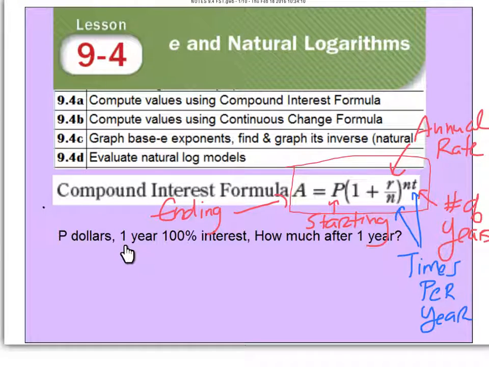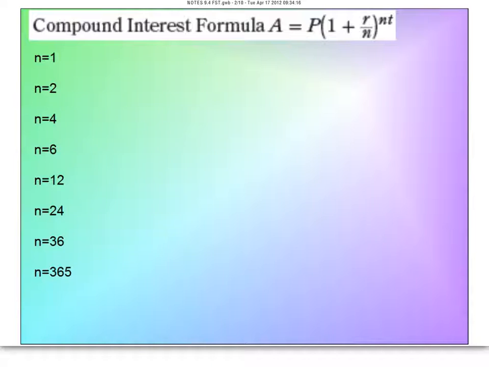If we invest for 1 year at 100% interest, let's look at how much we're going to have. So here is again the compound interest formula. For all of these scenarios, let's put $1 in the bank, at 100% interest, for 1 year. What will change is how often they compound the interest.